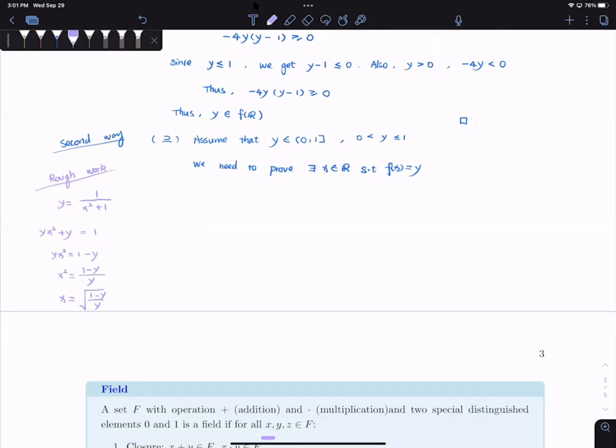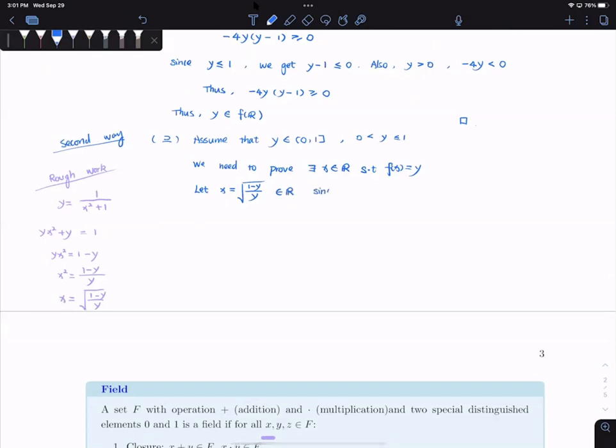Now I'm going to use my rough work and put it back into my proof. So let x equal to this, square root of 1 minus y over y. And you need to tell me if it's a real number. It is a real number. Why?